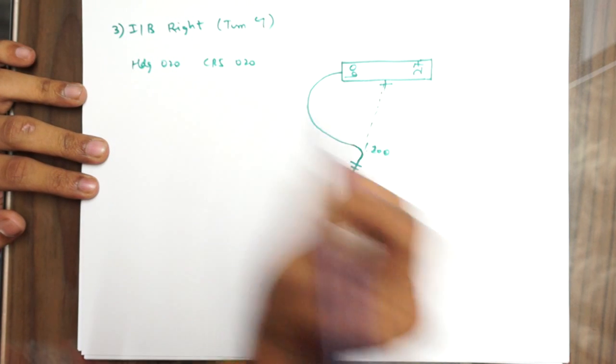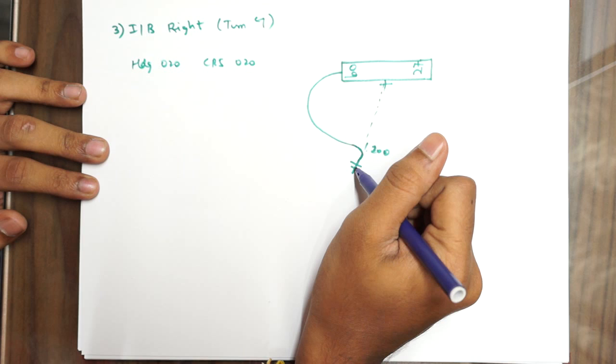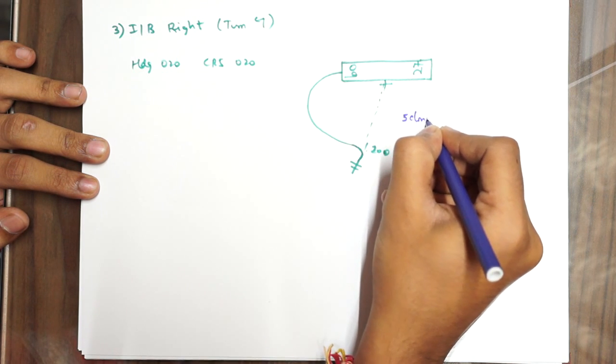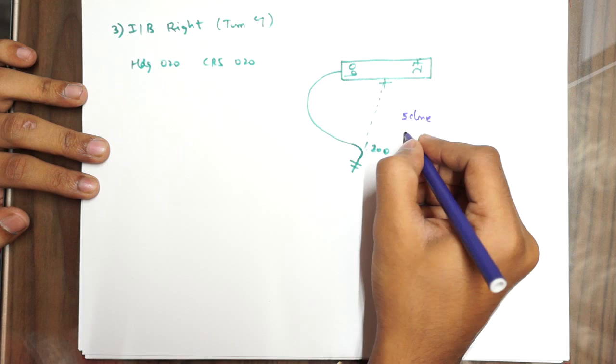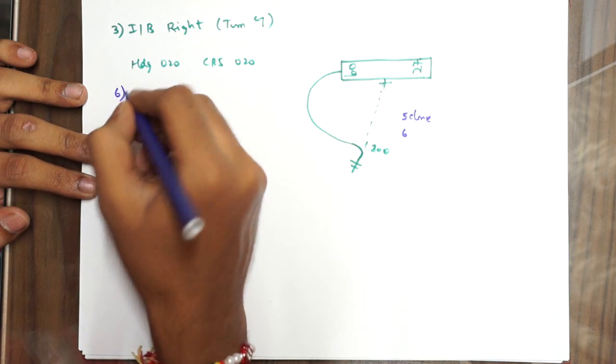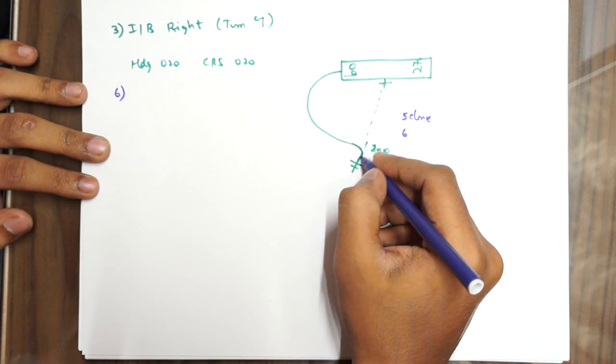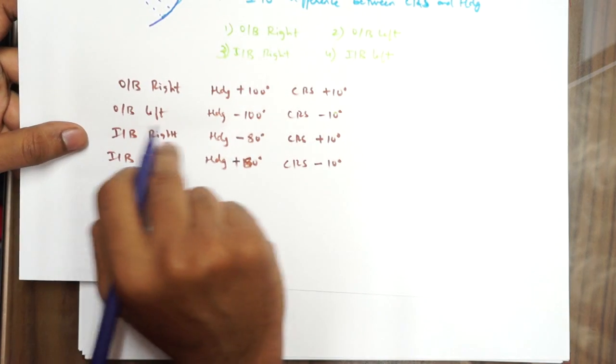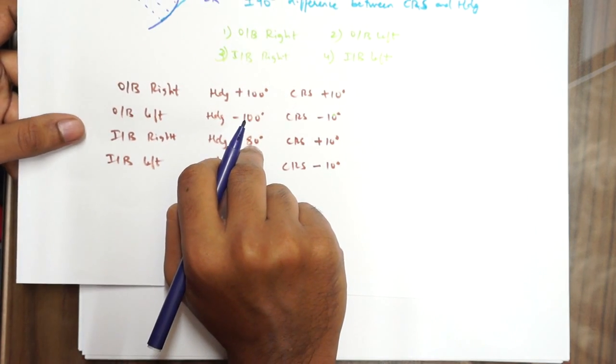Alright, so 020 and 020 is at this position. Now suppose this is a 5 DME arc. So you're coming in, at approximately 6 DME you will start a turn. If you see inbound right arc, heading minus 80.